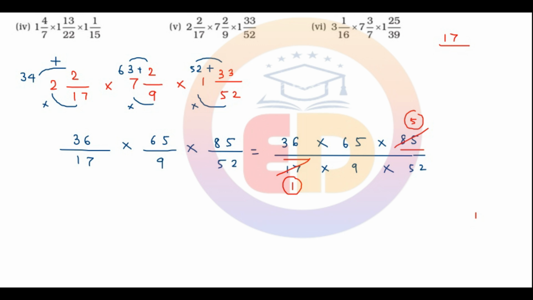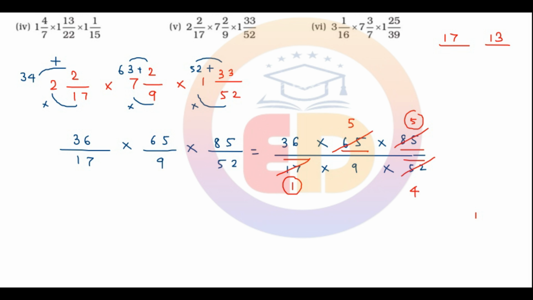Now if I look at 65 and 52, they both come in the table of 13. So let's divide 65 and 52 by 13, as 13 fives are 65 and 13 fours are 52.